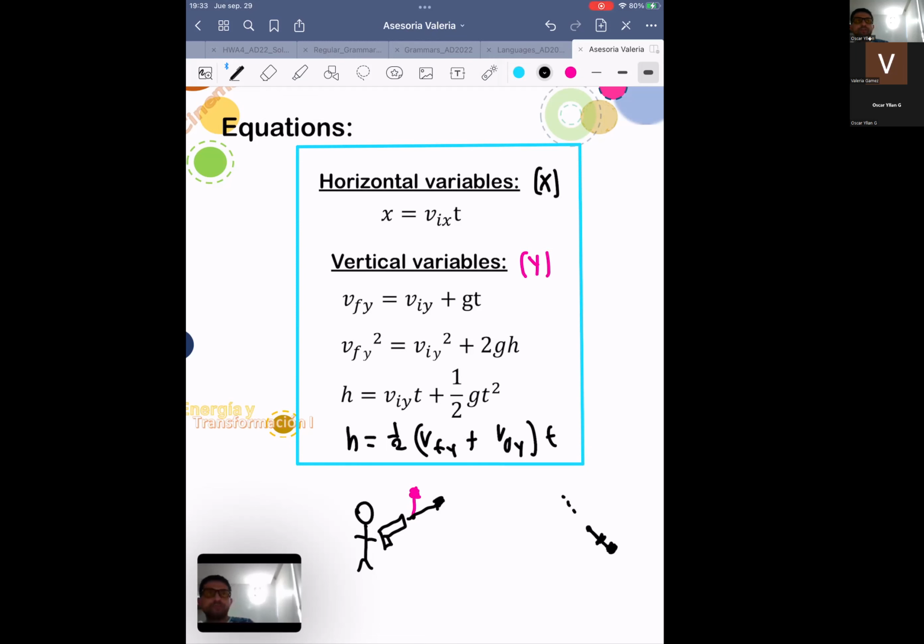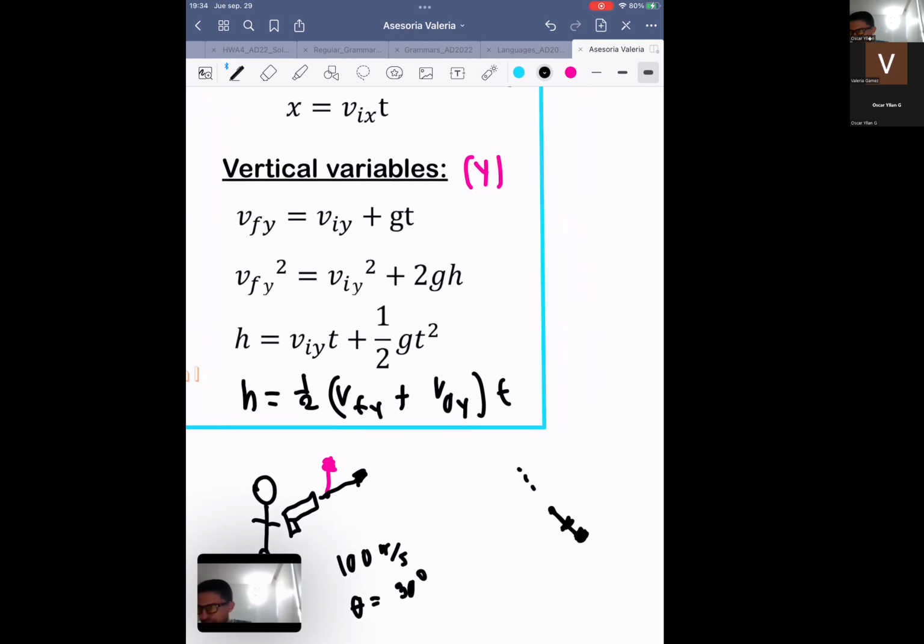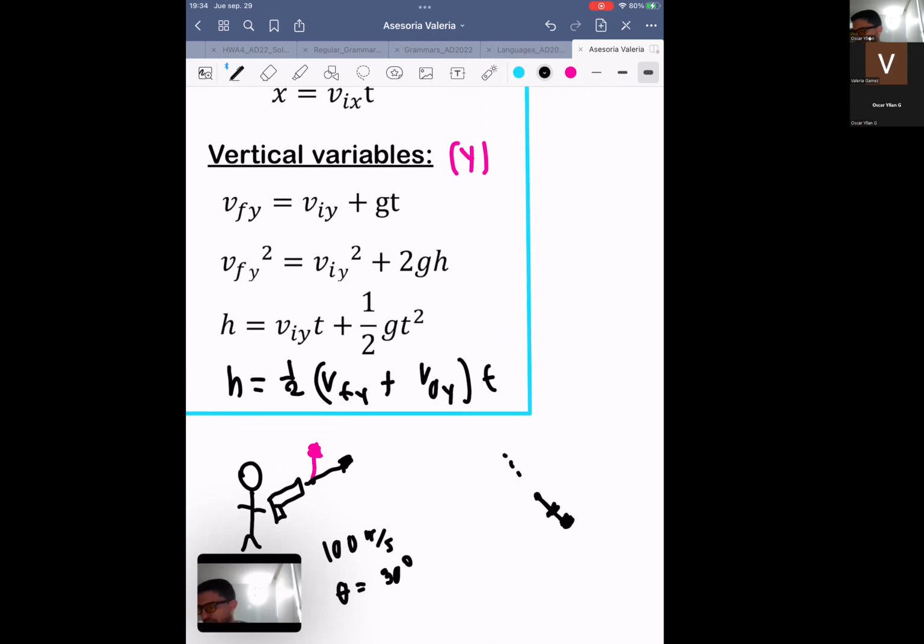So, for example, if I shot a bullet at 100 meters per second at an angle of, let's say, 30 degrees, what's going to be the magnitude when the bullet comes back?